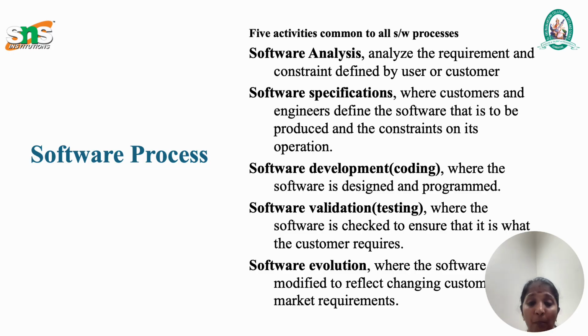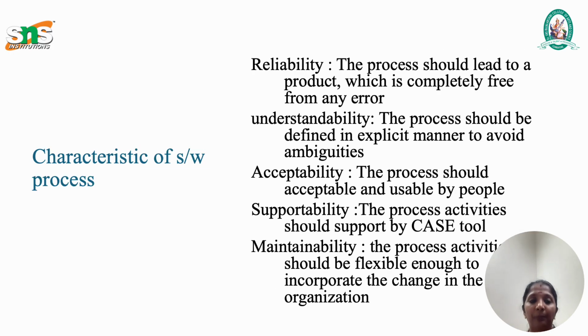Validation is one of the important things: whether the customer asked for the same type of software, whether all the requirements are covered, and whether the implementation has been done properly. Everything will be checked in software validation. Last one, software evolution. It is based on any changes given by the customer, where they want some modification, which is done in software evolution.